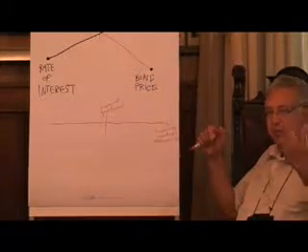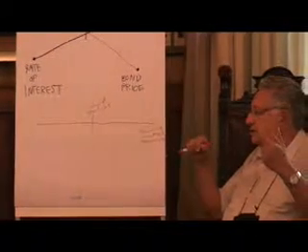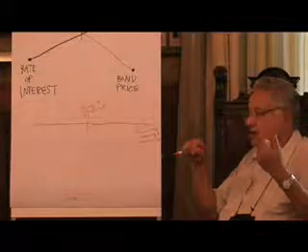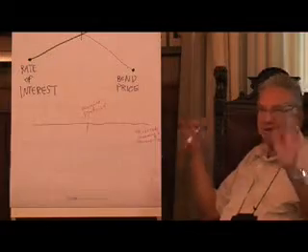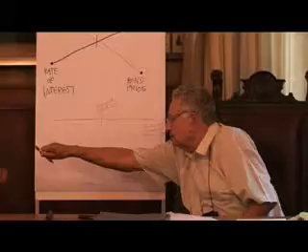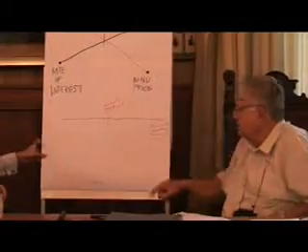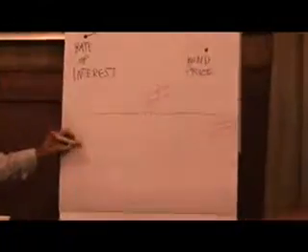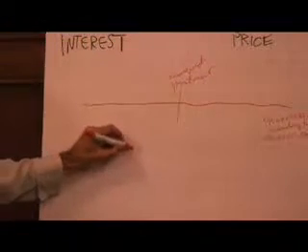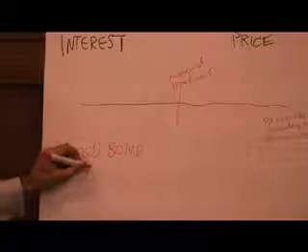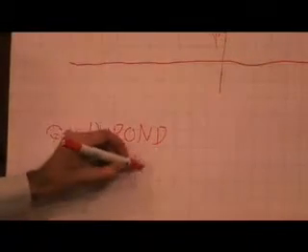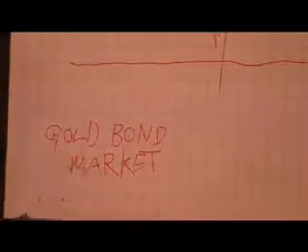One is the gold bond market, and the other is the stock market. Just as an abstraction, I call it the stock market. So here, gold bond market. Here, stock market.